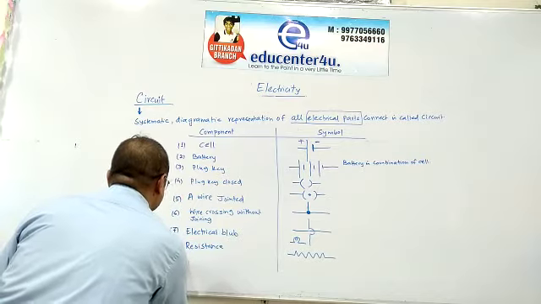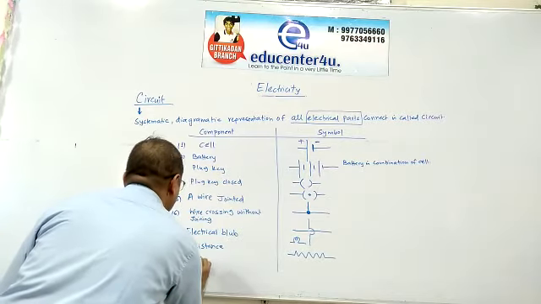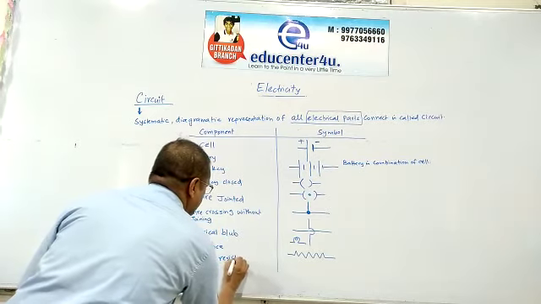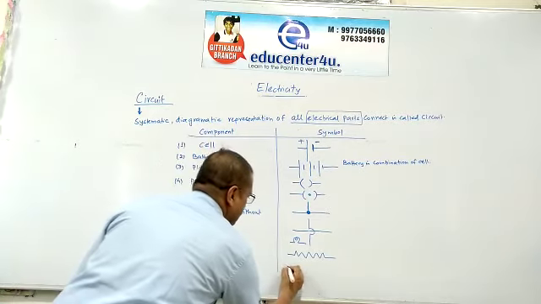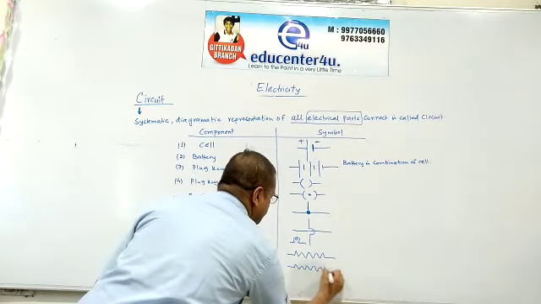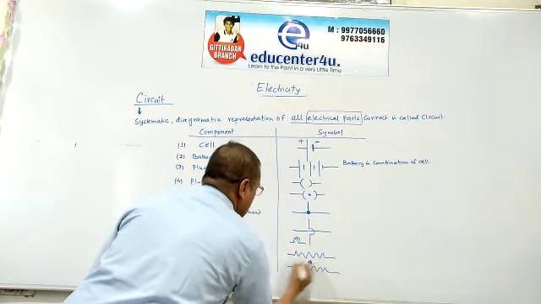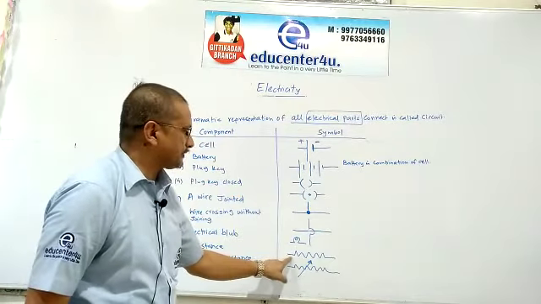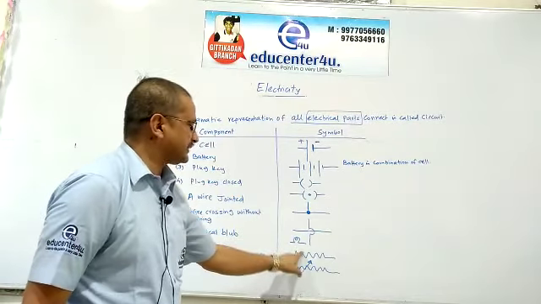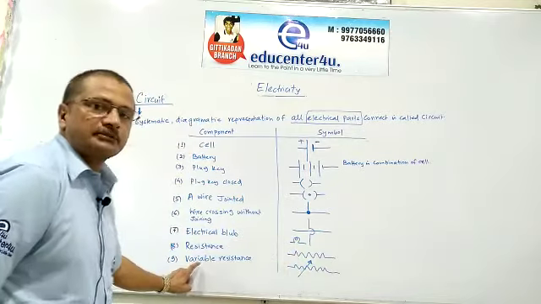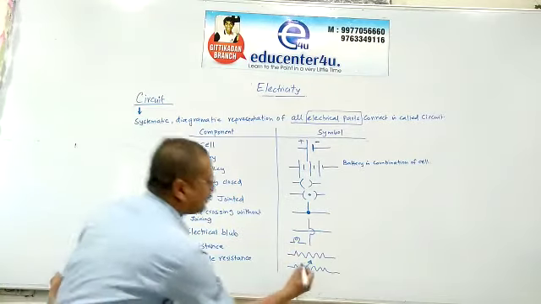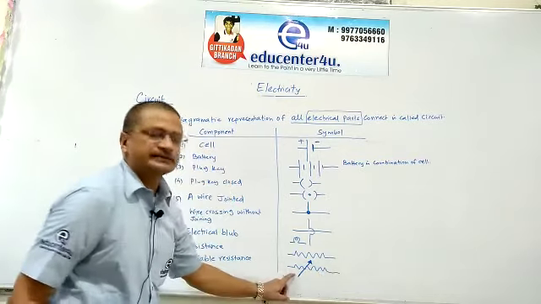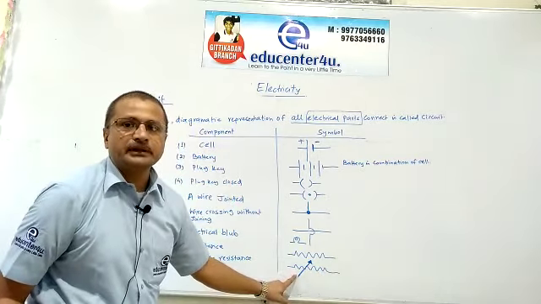and 9th is known as variable resistance. There is a difference between the resistance and the variable resistance. In the resistance we make the symbol like this only, but in case of the variable resistance we cross one arrow over the resistance, then this shows that it is a variable resistance.